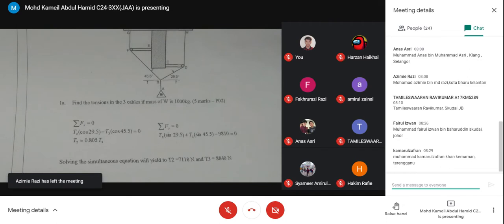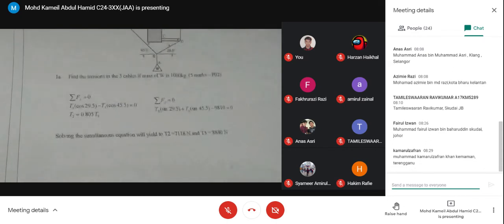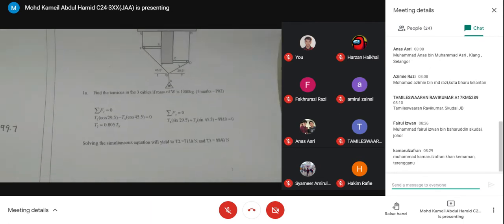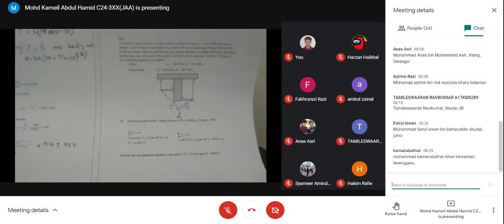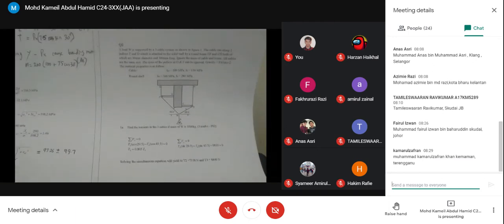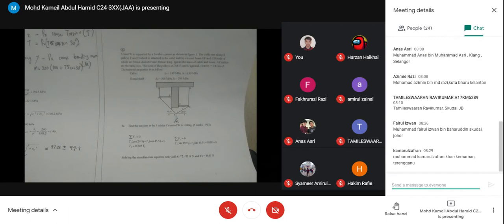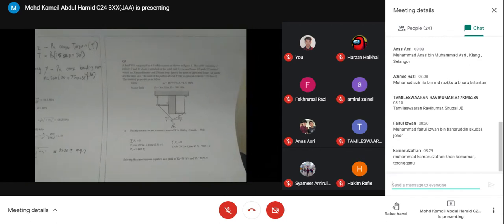From summation of Fx, you can get the relationship between T2 and T3. Then solve summation of Fy equal to 0, you get T2 is 7118 and T3 is 8840 Newton. So that is the first step, get the 3 tensions.